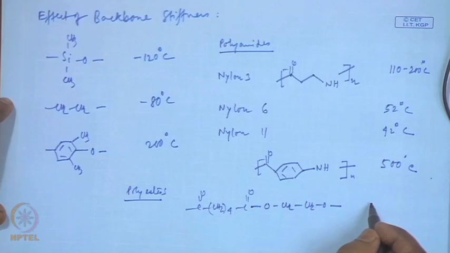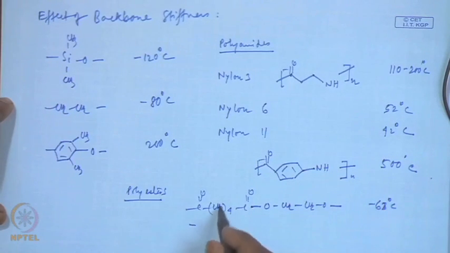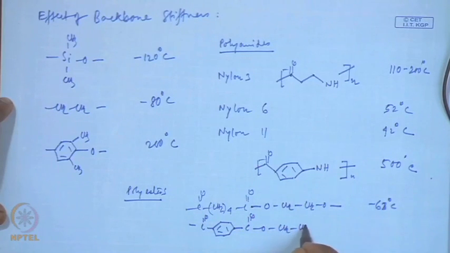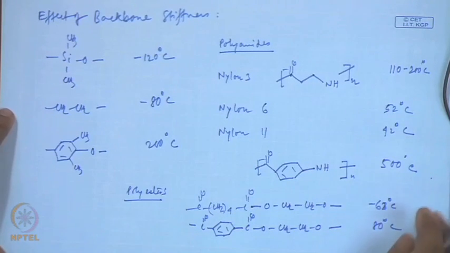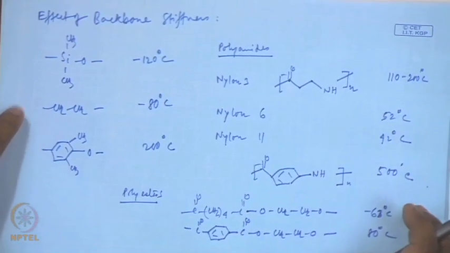The Tg is minus 63 degree, whereas if I replace this with a rigid phenyl backbone, keeping everything else the same, then the Tg goes up. Now, look at these three sets of examples.